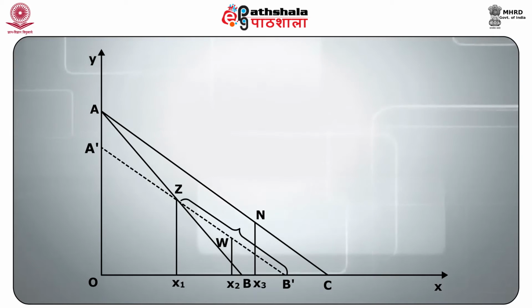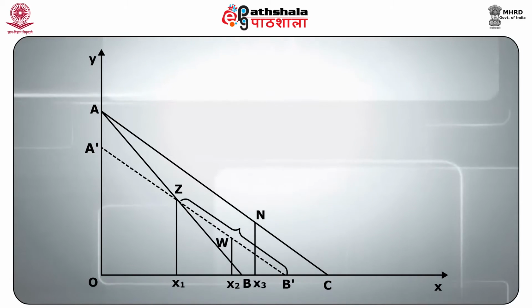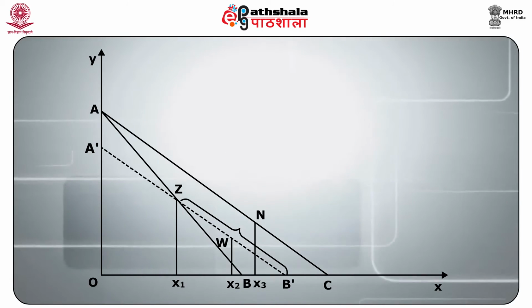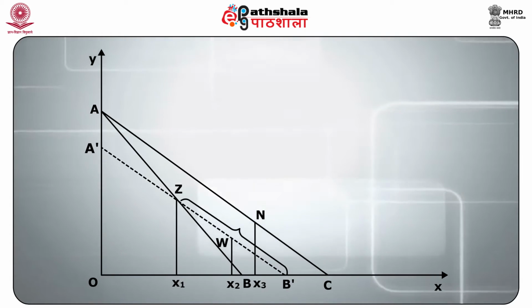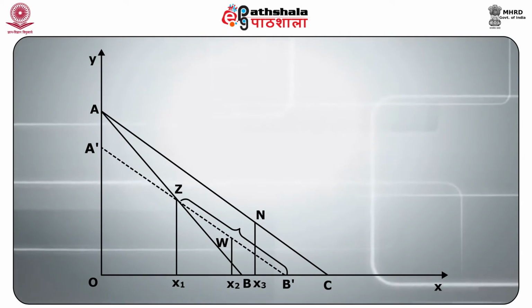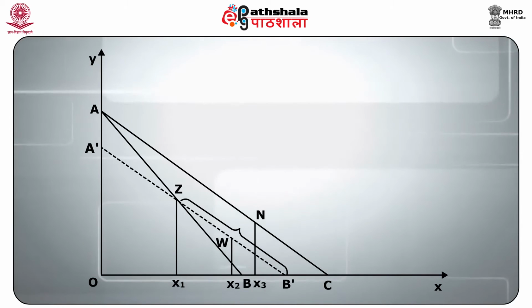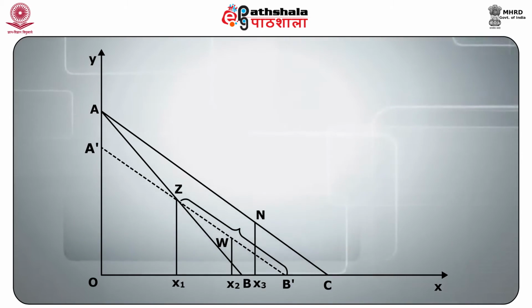So now let us consider the total impact. The total impact, the price effect, is from X1 to X3, and it is split into X1 to X2, which is the substitution effect when price alone changes, and X2 to X3 when income alone changes and price remains constant.